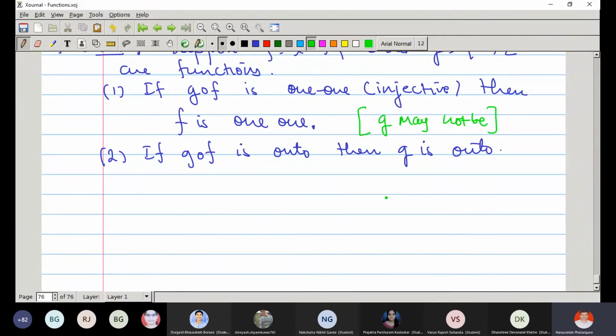What about f? f may not be onto, because it may happen that g composite f is onto, but f is not onto, but certainly g must be onto, no choice.